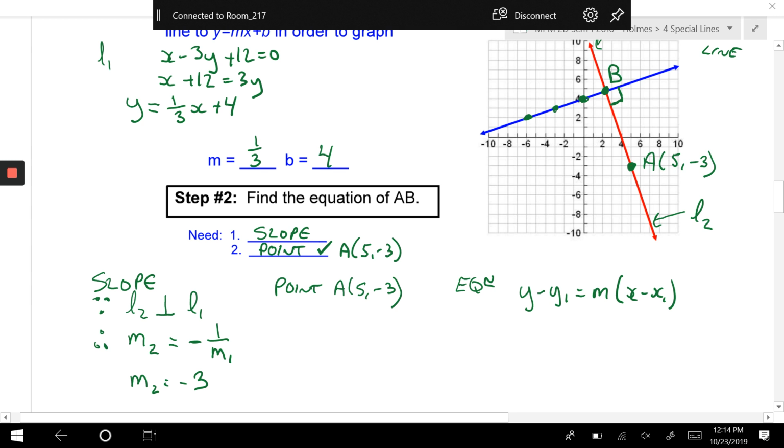And remember, every time, if you write that down, it's going to help you remember it. Emma? Sure. So I've got everything I need here because I've got my slope m, and I've got my y1 and my x1 for my point A. So this becomes y minus, again, a little bit more complicated because I'm not using (0, 0), so it's a little bit more math. y subtract negative 3. My slope is negative 3. x subtract 5.